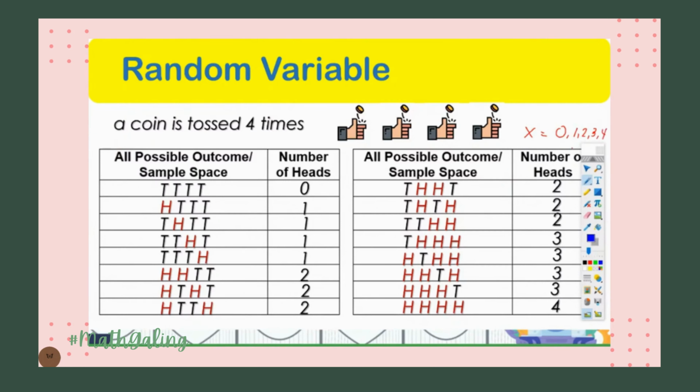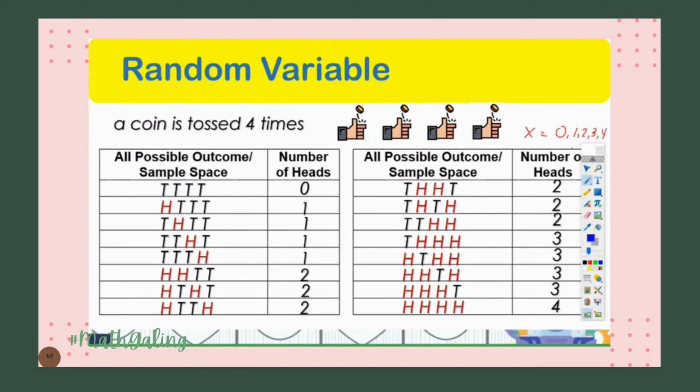Then in our next samples, we have 2 heads. We already have the color coding for us to identify. Then we have 3, and in the last sample, we have 4 heads. So the value of x is equal to 0, 1, 2, 3, or 4.